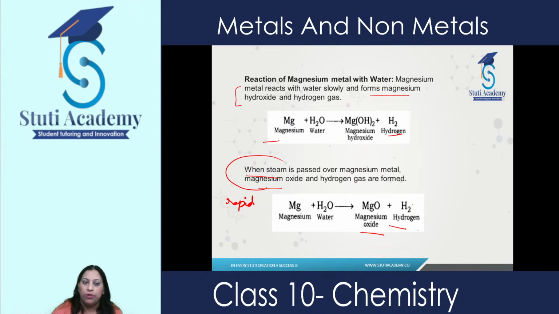So when magnesium reacts with water, it is a slow reaction. But when magnesium metal reacts with steam, or we pass steam over the magnesium metal, the reaction becomes very fast and it results in the formation of magnesium oxide instead of magnesium hydroxide, plus hydrogen gas is liberated. So this is also a very important reaction.